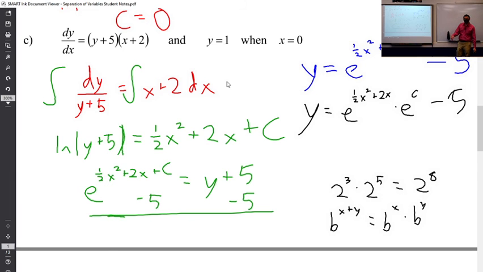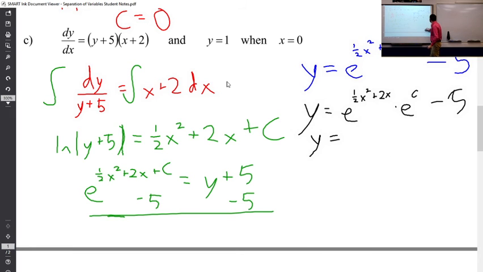And the reason that that's helpful, separating out my constant part, is that e to a constant is still a constant. Because e is just a number. So if I take it to the power of some number, I still wind up with some number. Some number times e to the 1/2 x squared plus 2x minus 5.